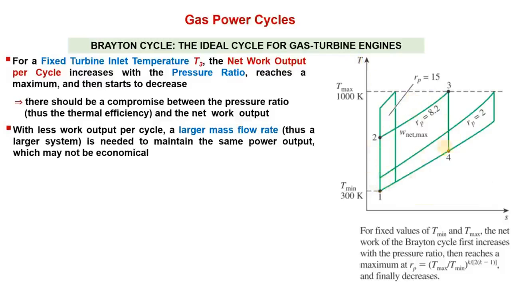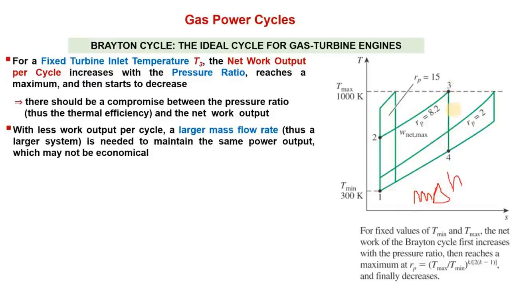So if the work output from this cycle is very low, it means you have to increase the mass flow rate, because the network output is given by the enthalpy changes, and enthalpies are for 1 kilogram of mass. So work output or heat input or heat rejected is actually m dot into delta H. Heat input is m dot delta H, right?